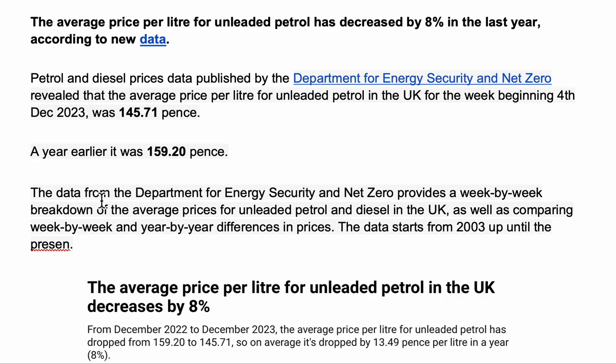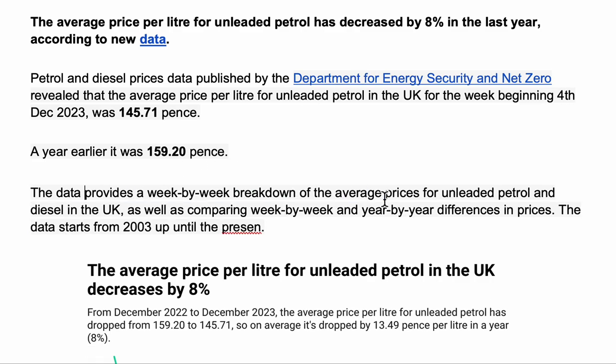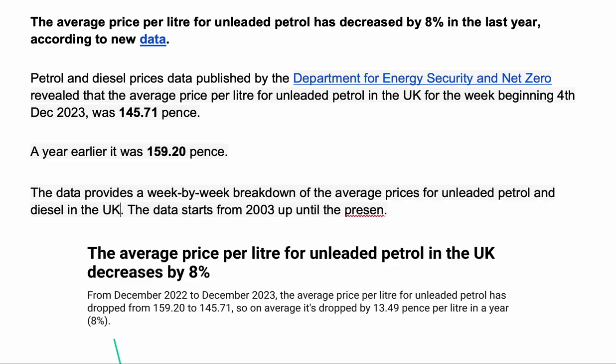The data, now we've already said where it's from, so let's not repeat that. We can take that out. Provides a week-by-week breakdown of the average prices for unleaded petrol and diesel in the UK, as well as comparing week by week and year by week. Again, we don't really need to know what the data does because you're telling us the facts.